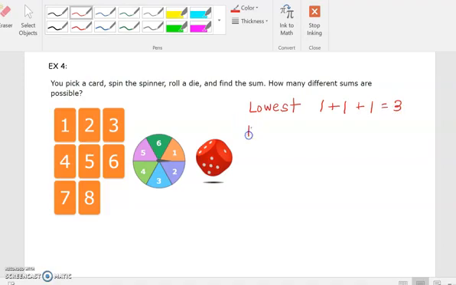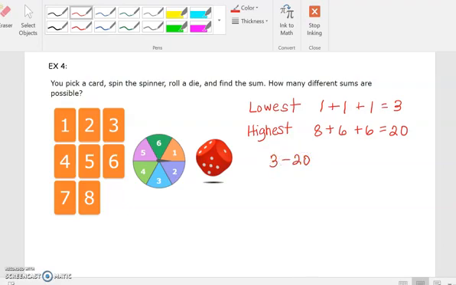Let's think about the highest sum. My highest sum would mean I choose a card that's an 8. When I spin the spinner, I get a 6. And when I roll the die, I get a 6. So if I add those together, that means that my highest sum is a 20. So I could get all the sums between 3 and 20.